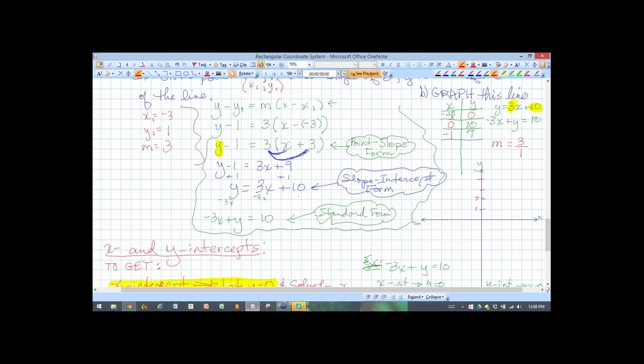You can scale your axes however you need to. Let's say I had a y-intercept of 400 or something. I can make this 100, 200, 300, 400 if I need to. Just make sure you have everything drawn, quote unquote, to scale. Okay, so you can scale things how you need to.